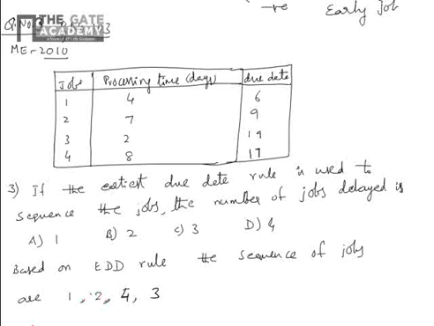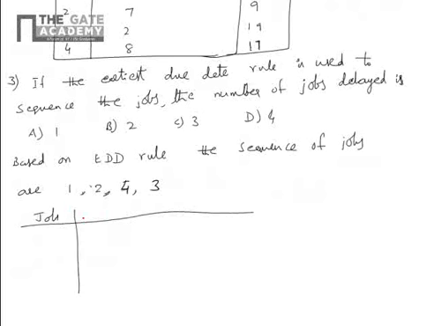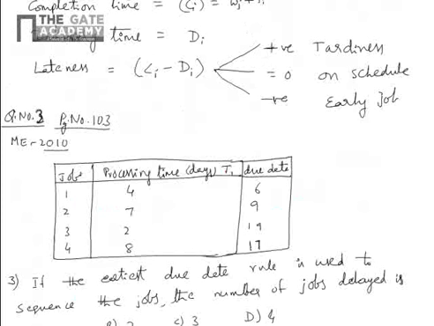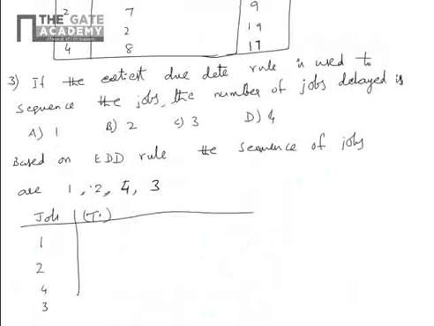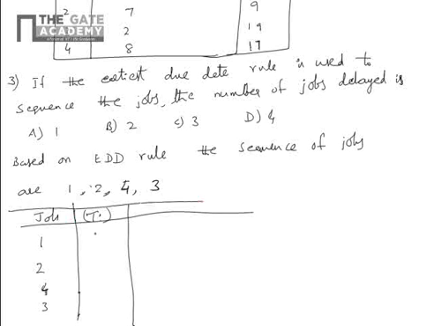This is the sequence. Write that sequence here. Processing time I am writing in shortcut as Ti, due date is Di, delivery time. Jobs are 1, 2, 4, 3, and the processing times are 4 for job 1, 7 for job 2, 8 for job 4, 2 for job 3, and then completion time.